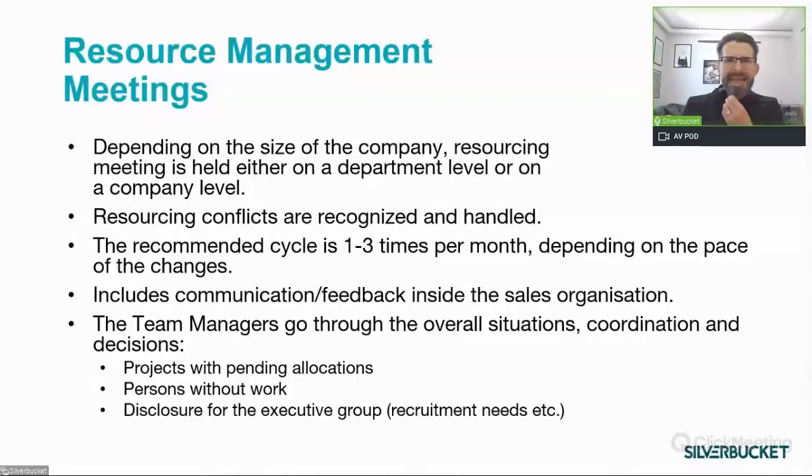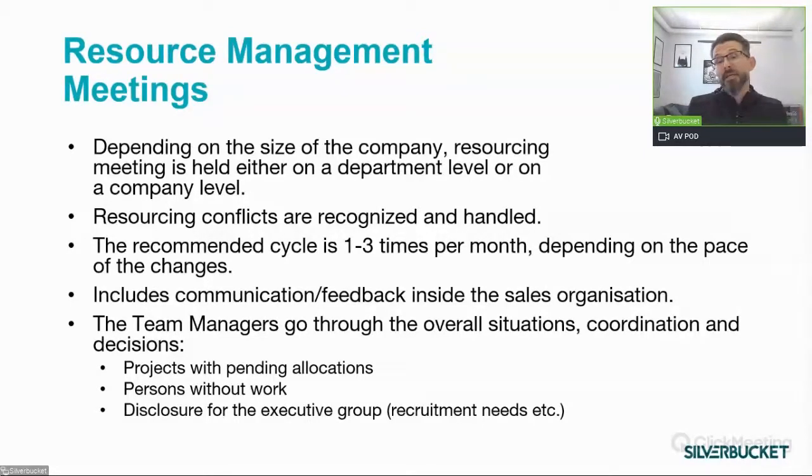Depending on the nature of the organization, the frequency of resource management meetings can vary between once a month to 3 times a month. And the sales organization should always give input to the resource management meetings if there are some potential large opportunities, for example.